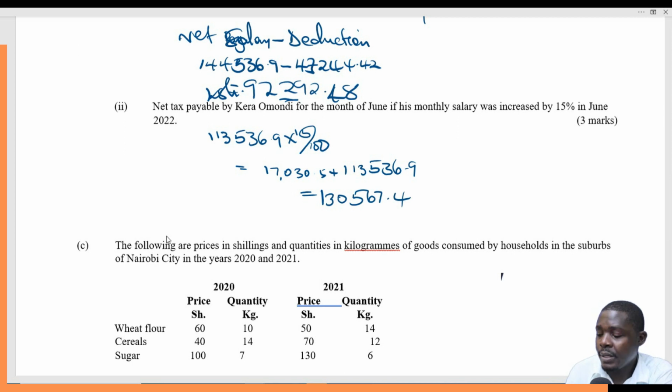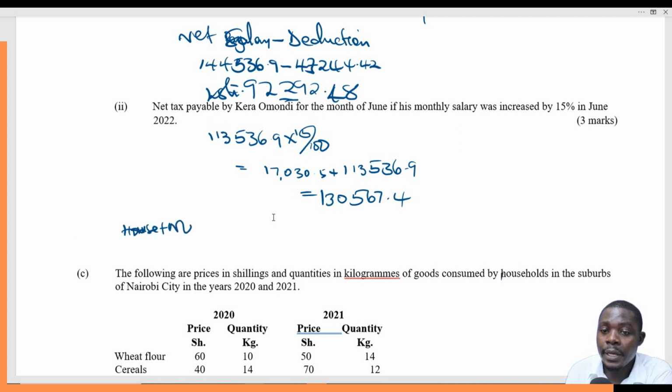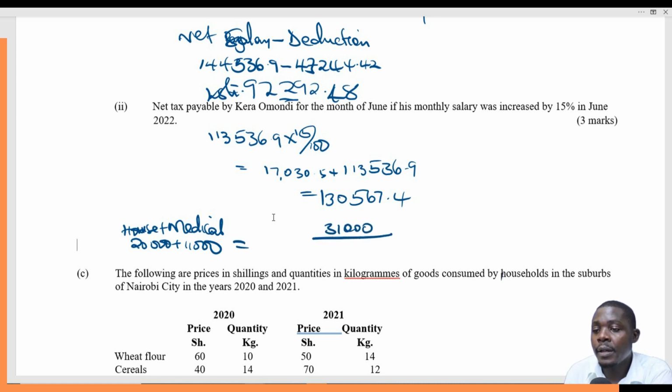Now this is what is supposed to be. Then we add the allowances. We had house plus medical. If you take this, 20 plus 11, you are getting something to 31,000. Then we add that one there, you should be getting 161,567.4.